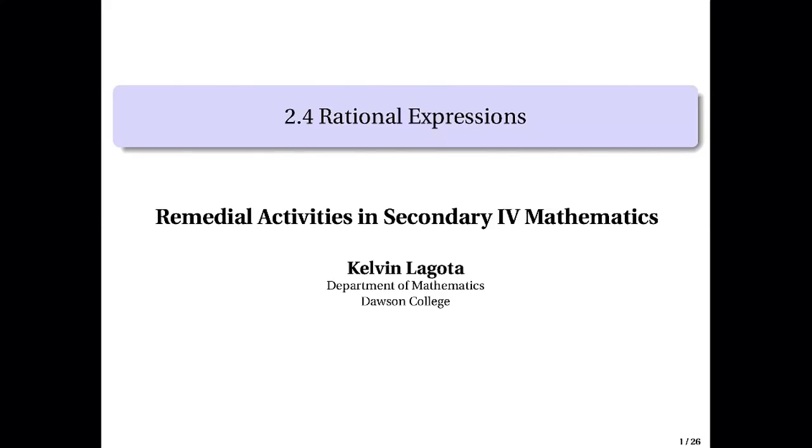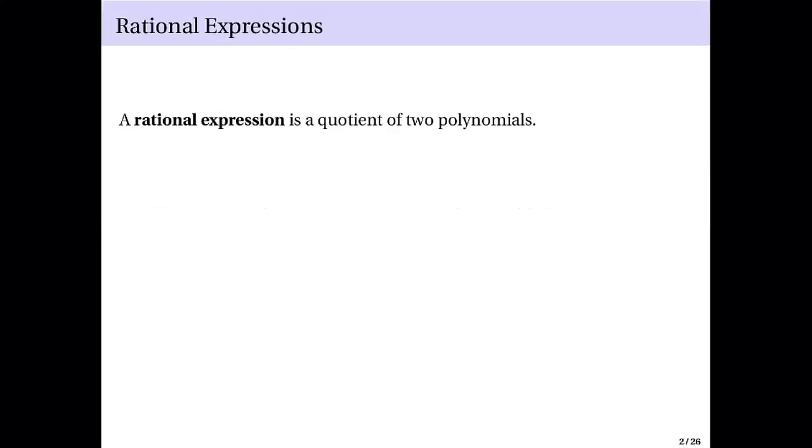And also, you can see me during my office hours so we can discuss some things related to factoring or even this new topic. So, 2.4, rational expressions. Last time when we discussed polynomials, we considered some operations on polynomials, particularly addition and subtraction, and also multiplication of polynomials.